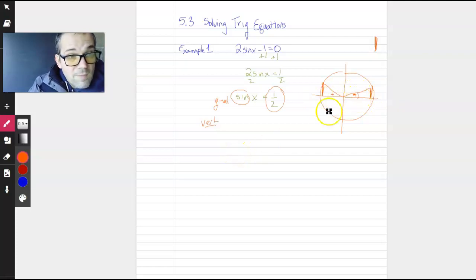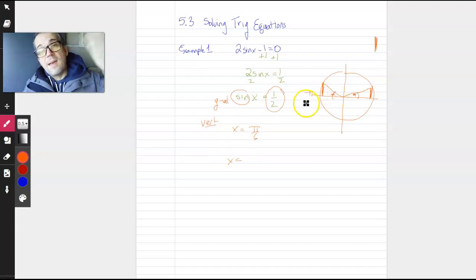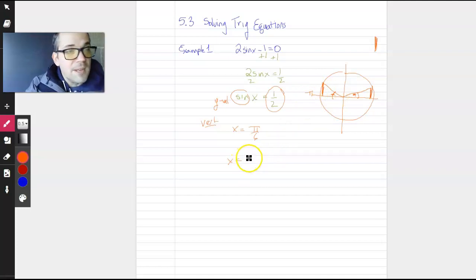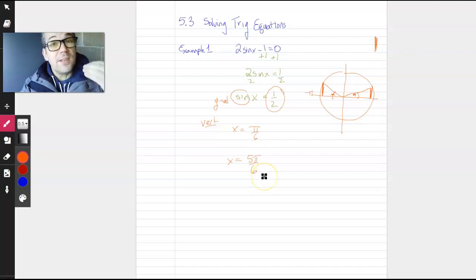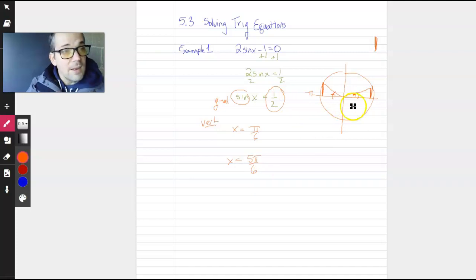And so one of my answers is going to be x equals pi over 6. And another answer is, if this is a pi over 6 reference angle, and I know this is pi, and I take pi over 6 away from pi, I'm going to get 5 pi over 6. That's my second answer. But then I'm supposed to have an infinite number of answers. So this is where the idea of that full rotation came in. Not only is pi over 6 an answer, but if I go all the way around and come back to here, that's another answer.